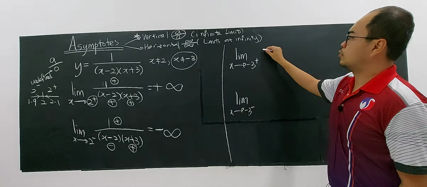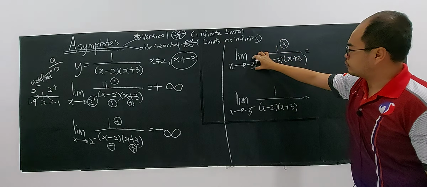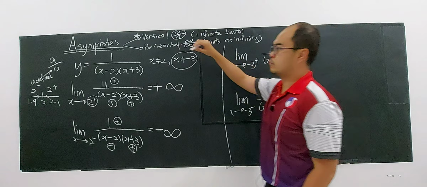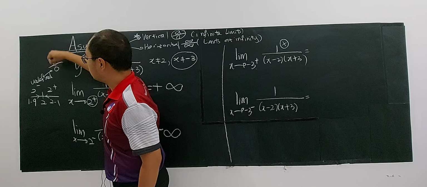Then you have 1 over (x minus 2)(x plus 3), right? It's the same case here. You have one positive number. When x is negative 3, x plus 3 gives 0, which means it's the case of a number divided by 0. This is the case.